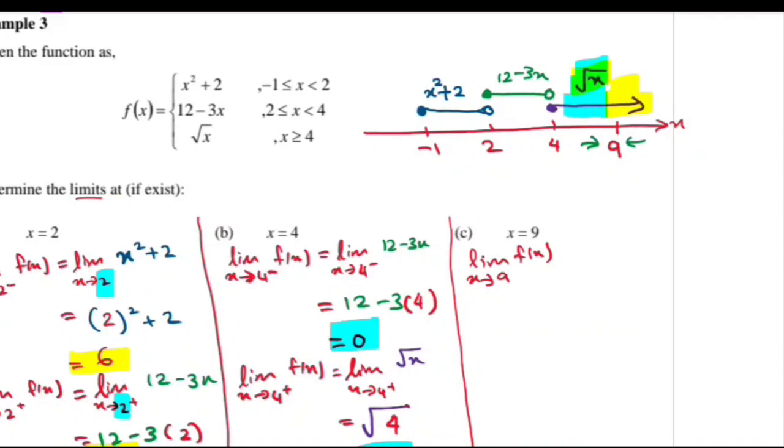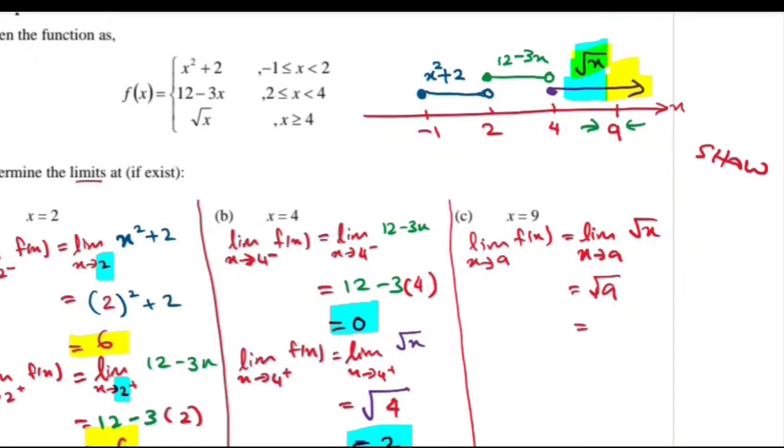Since we have one same function from the left and right of 9, I can straight away substitute the function fx with square root of x. I don't have to check from the left and right of my function. That's why I don't write the superscript negative or positive on top of 9.